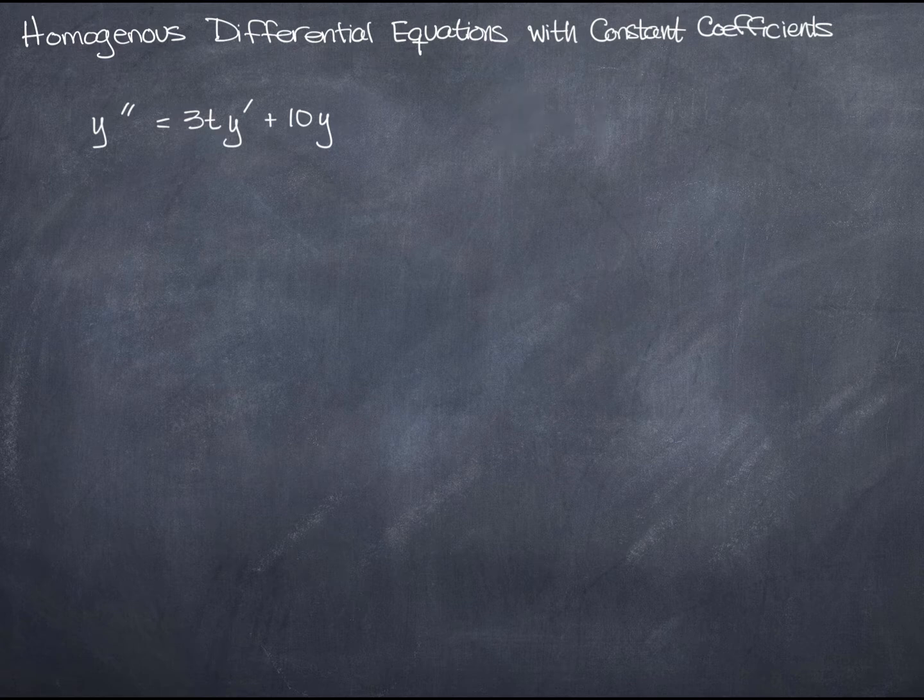First order differential equations take the form, or can take the form, often take the form, of the derivative is equal to a function of t and y. And of course, y is also a function of t.